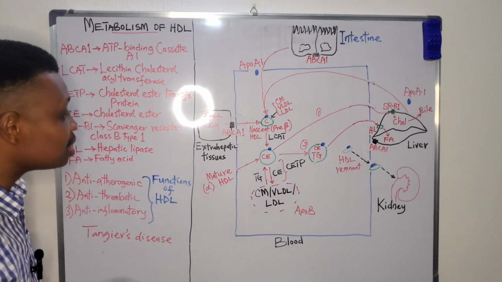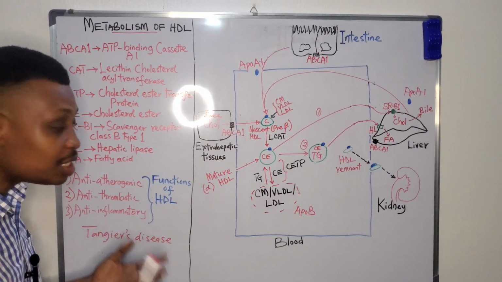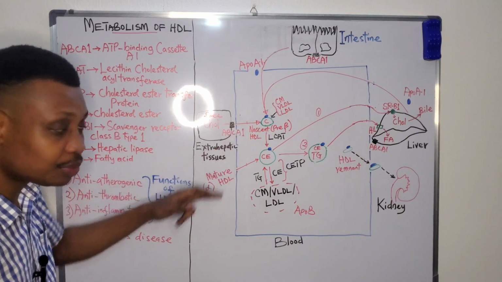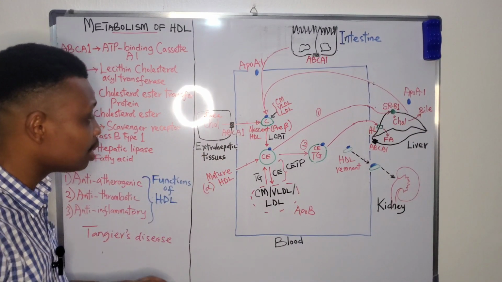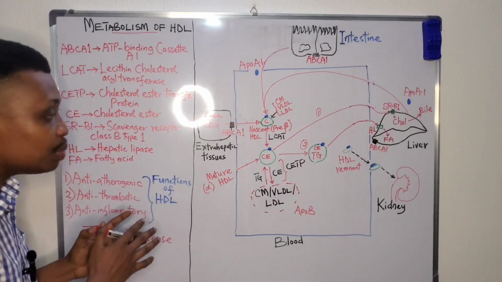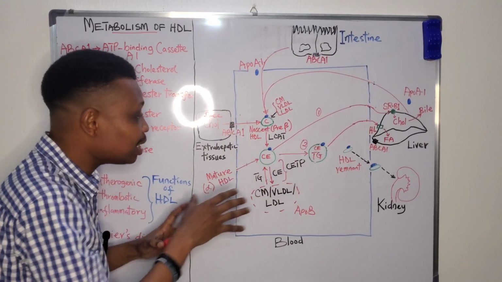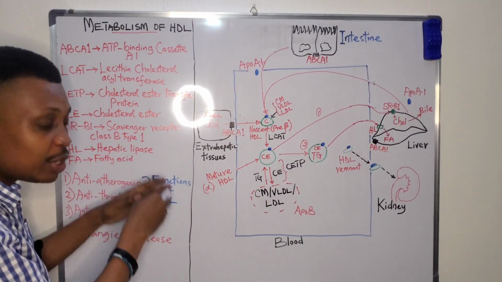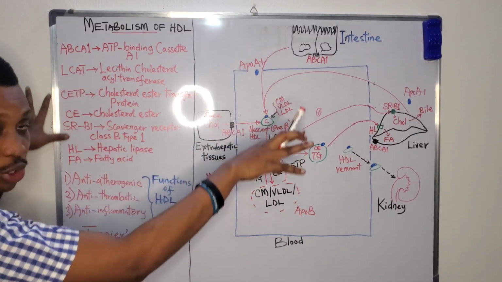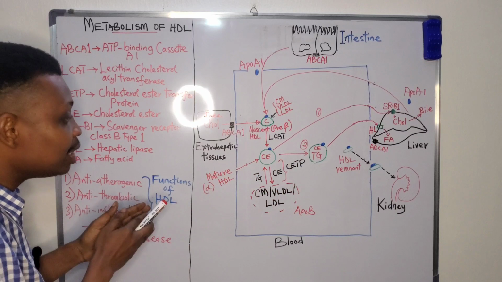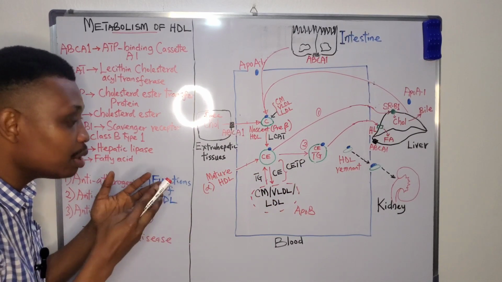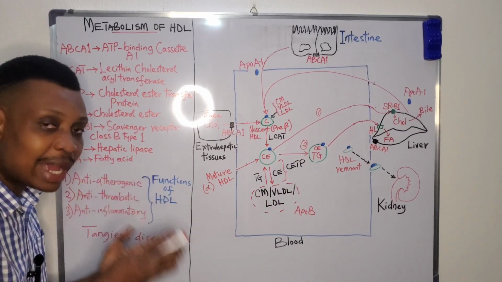Basically there is a genetic mutation of this gene, and as a result, free cholesterol and phospholipids are not pushed out of these various tissues into the bloodstream, and that will cause the accumulation of free cholesterol and phospholipids in these various tissues, and then result in the decreased concentration of high density lipoprotein.